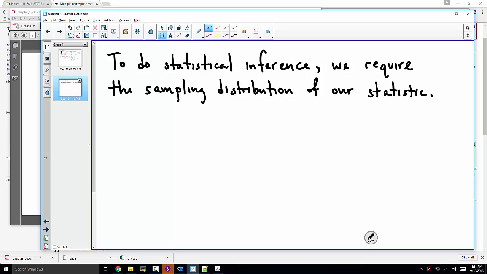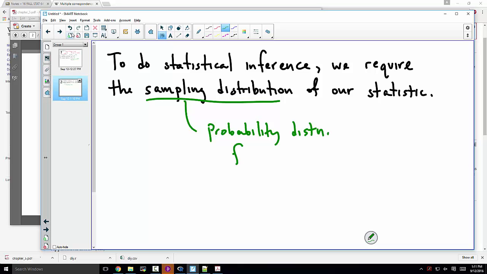Sampling distribution, all that means is a probability distribution for a statistic. This type of probability distribution gets a special name to emphasize that it's for a statistic.